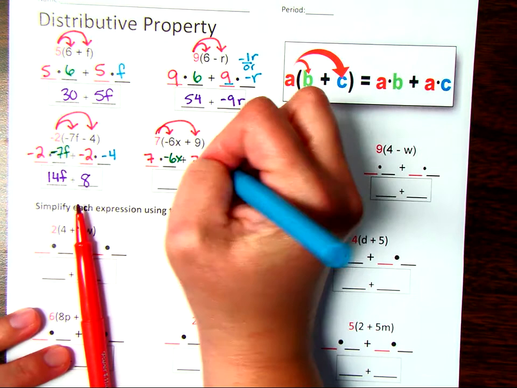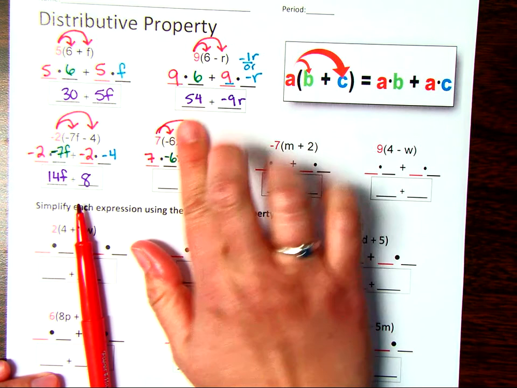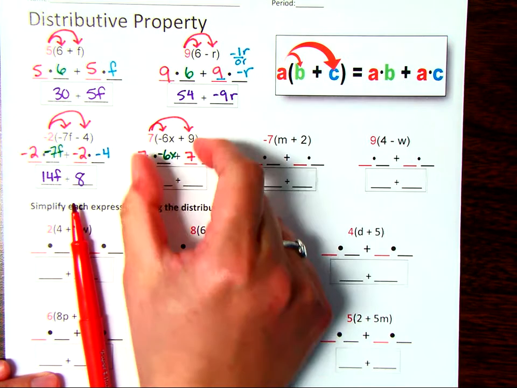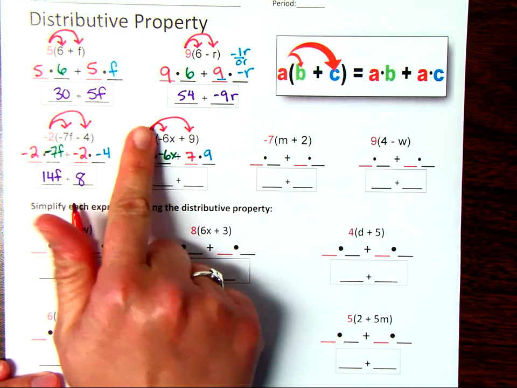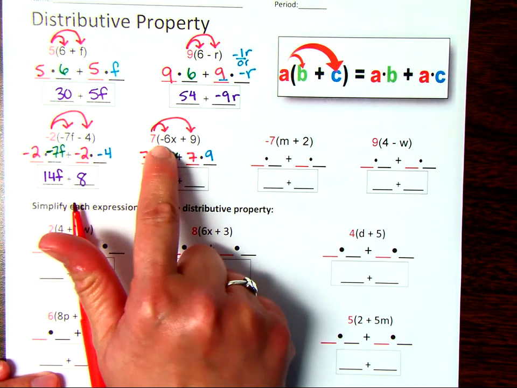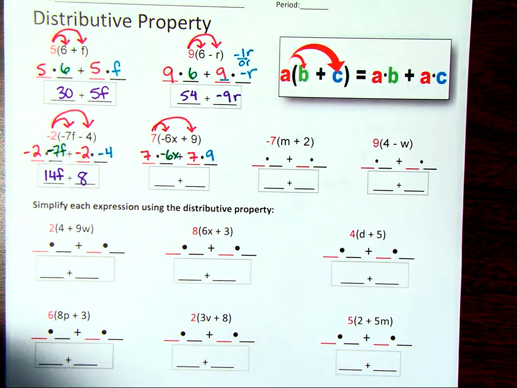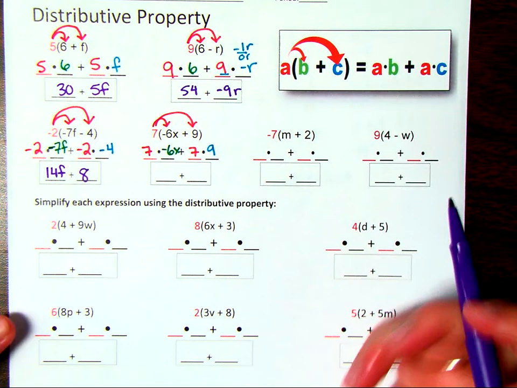A common mistake is that a lot of students will distribute the outside number to the first part, but they forget that second one. Remember, this is what is in your group, negative 6x and 9 positives, and if you were to draw that 7 times, what would you visually see? Okay, so if you don't do that every time, you're going to fall for a trick answer, and we want to make sure that you are getting these all right.